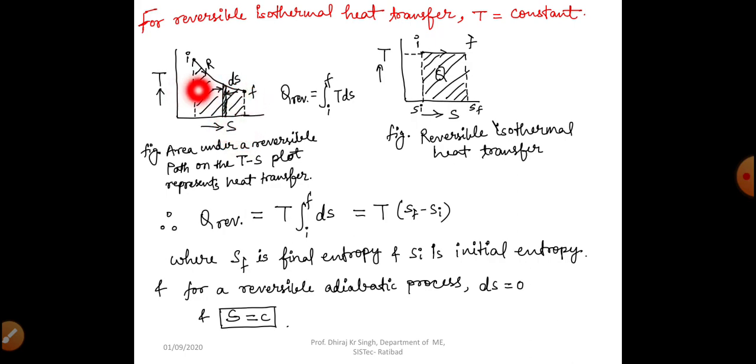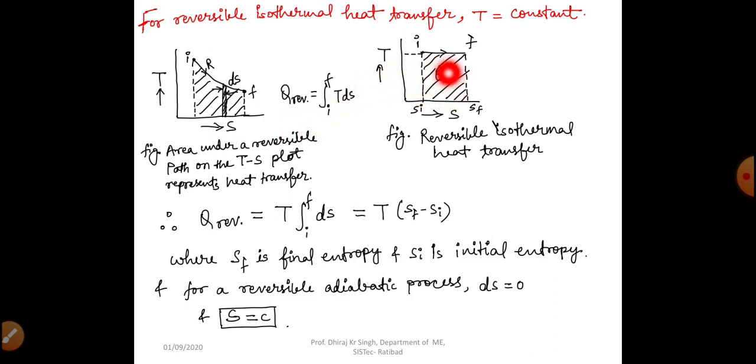When we multiply the temperature and the difference of entropy, we get reversible heat transfer. So the area under the curve projected on the entropy axis gives you reversible heat transfer. So Q reversible equals integral TdS.